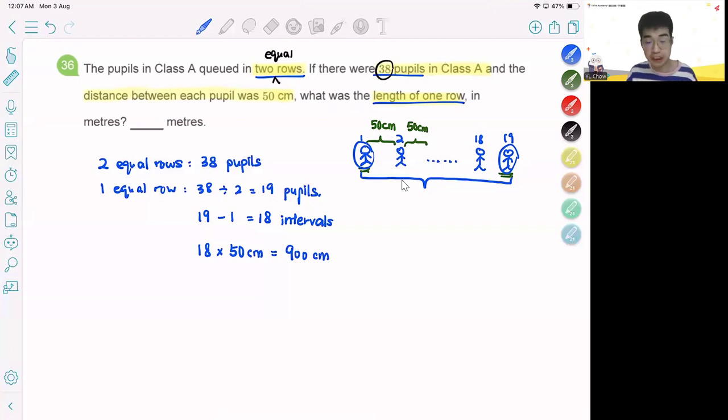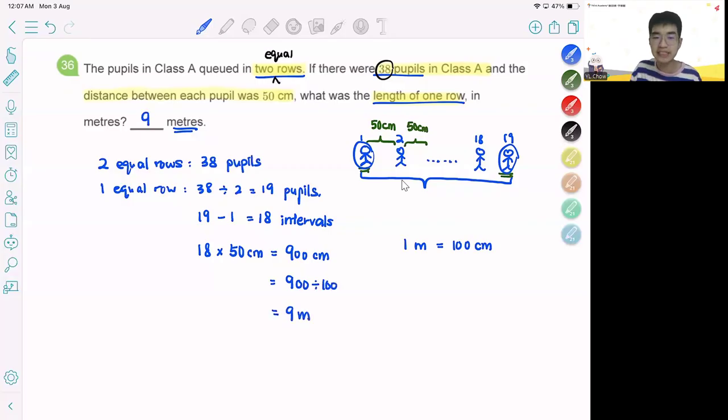But take note, the question is actually asking in terms of meters. In meters. So some of you might have keyed in 900 as your answer, but remember, you need to change it to meters. And how many centimeters does 1 meter have? It is 100 centimeters. So if I have 900 centimeters, that will be actually 9 meters, right?